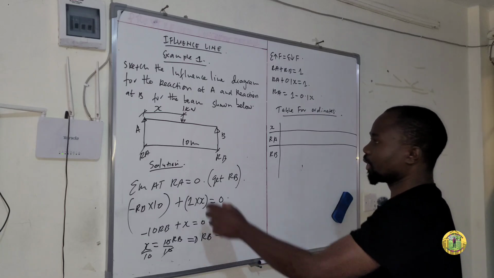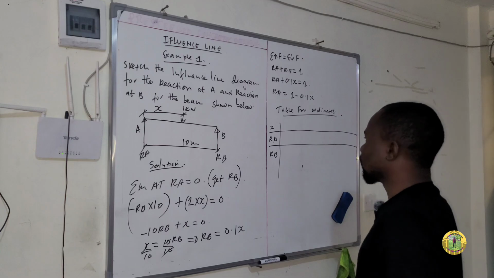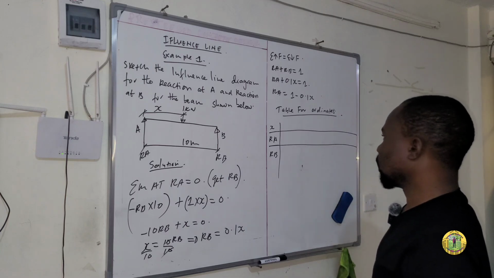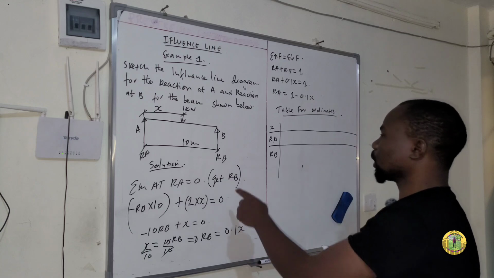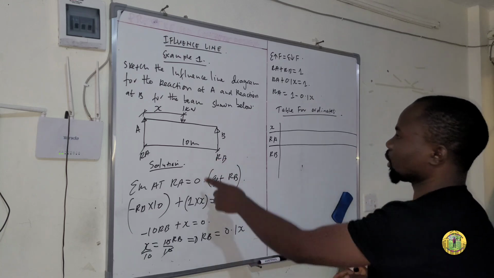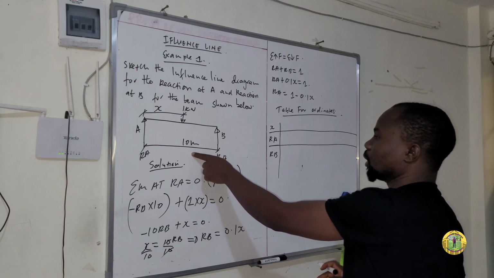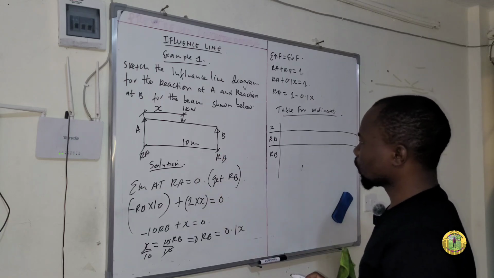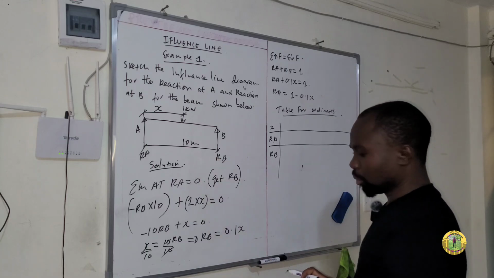Because this is a 10-meter span, you will have ordinates for a total length of 10 meters. So you will distribute x until the total gives you 10 meters.